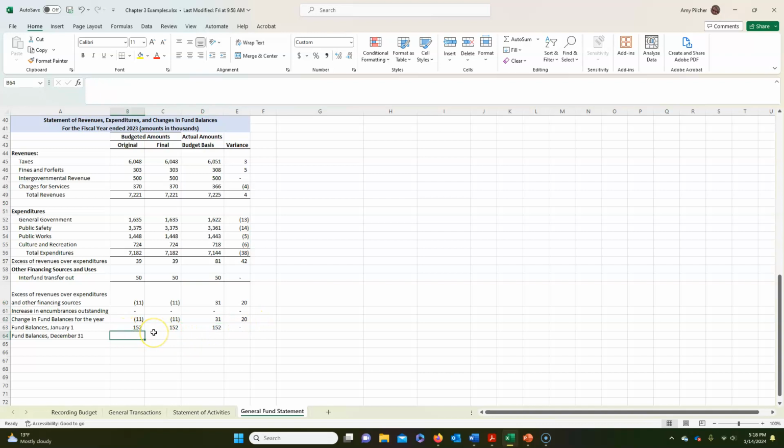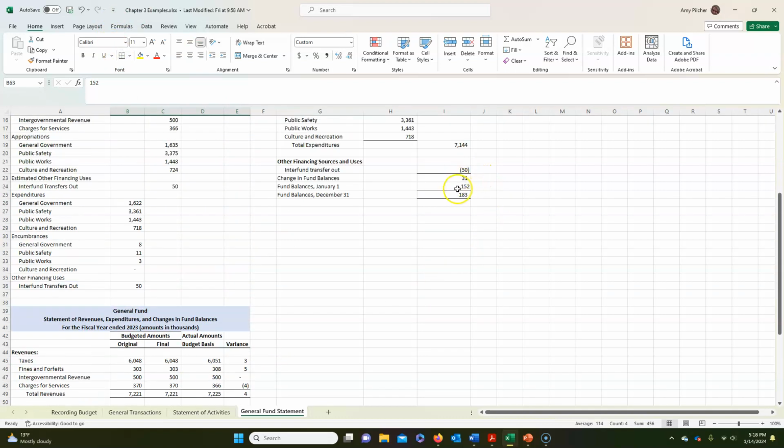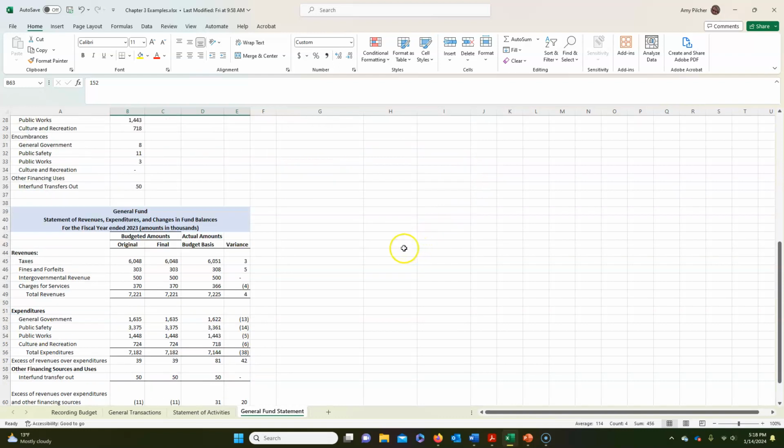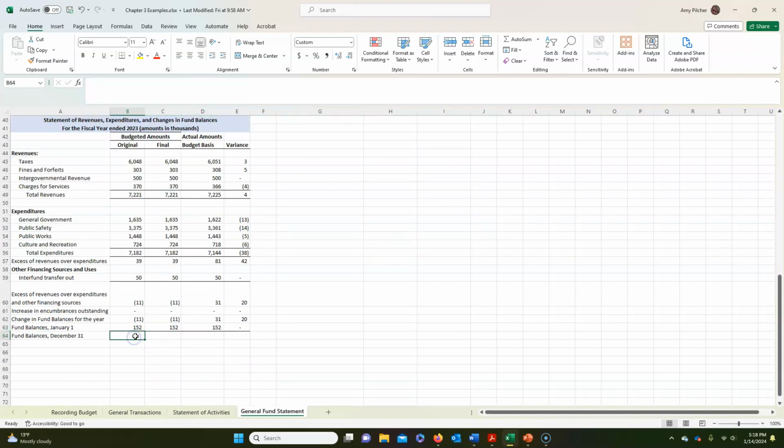Oh, I see what the problem is. So this actual should match 152 plus 31, then should be 183.